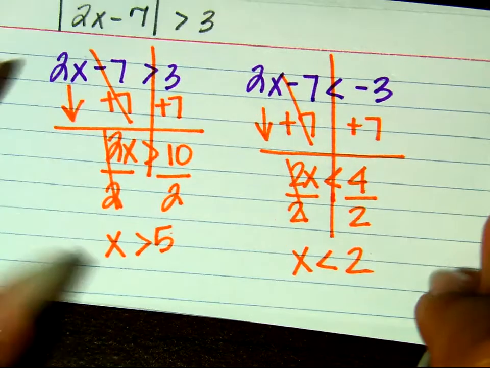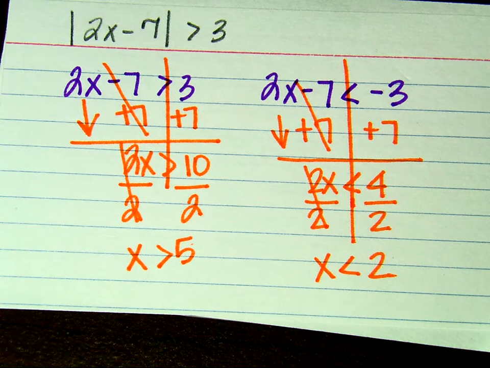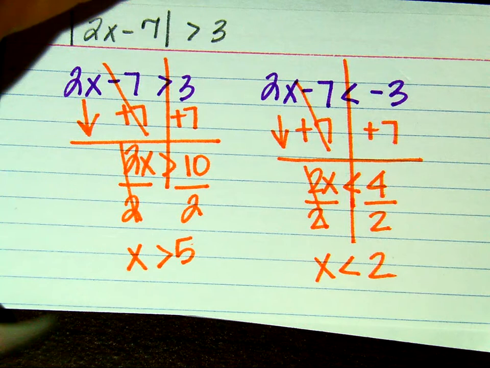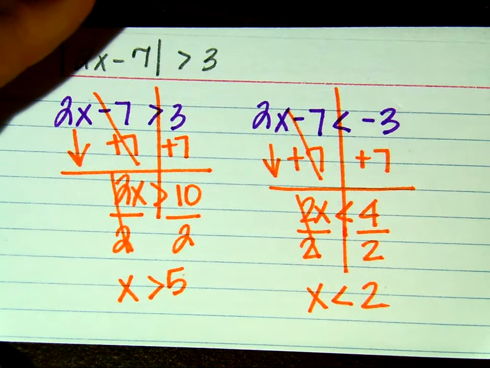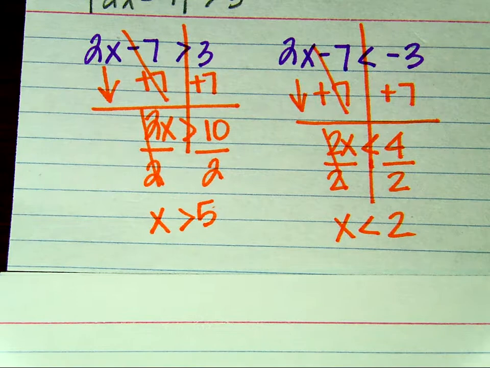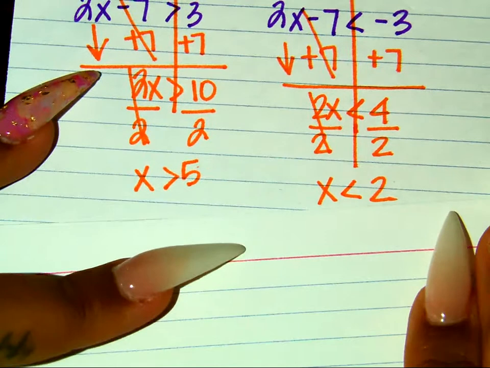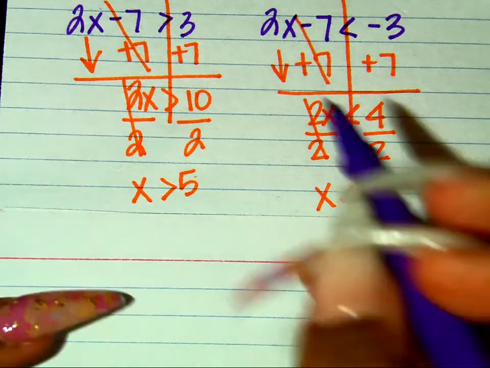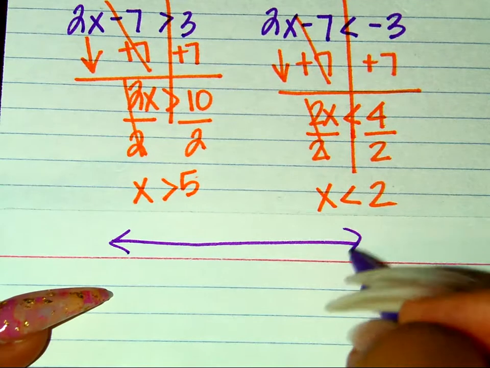Alright, so when we're looking at this, we have to then decide whether it is an and or an or. So you may remember the terms and or from compound inequalities. So let's review that quickly.